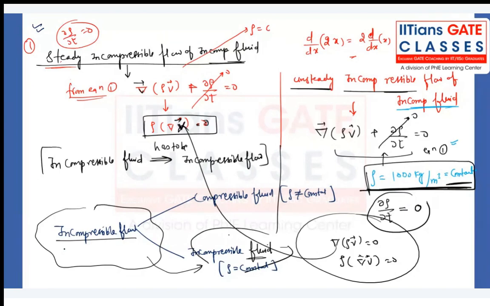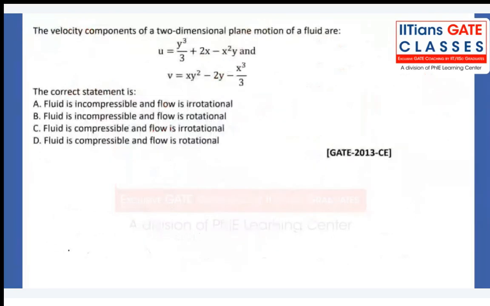See, compressible flow means volumetric strain rate is not equal to zero. That means what will we be getting?